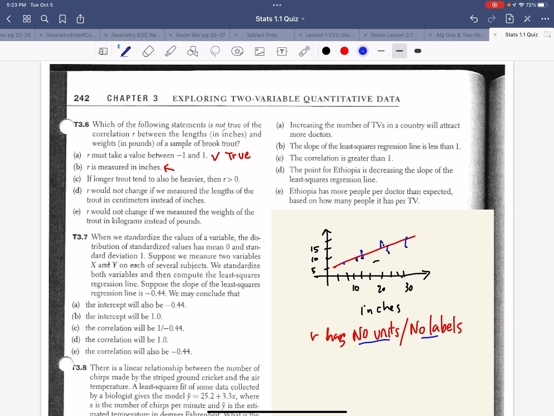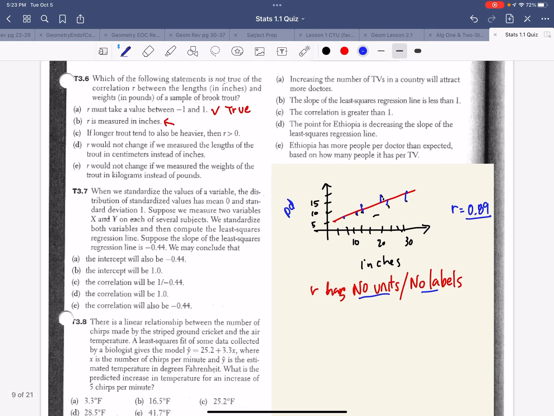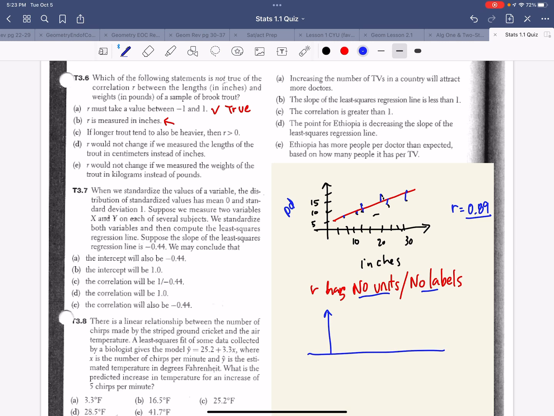Also, we know that if we flipped inches and pounds, R would stay the same. So if R here is 0.8, or 0.89, let's say it's a moderately strong linear relationship between inches and pounds in the trout. And then we flip-flop these X and Y axes, put inches here and pounds here, right?